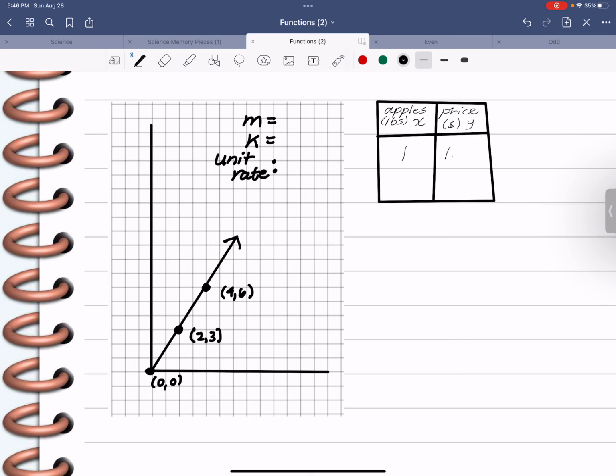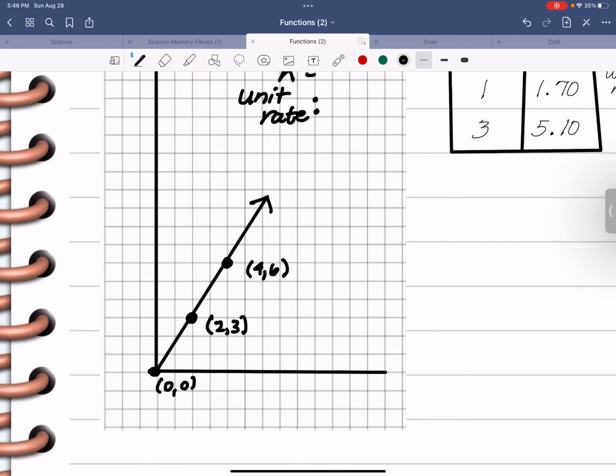And we have 1 to 1.70 and 3 to 5.10. So here is a unit rate. Now this is a different store. These are not going to be equal. So store B, or they may not be equal. I don't know until I do some math.